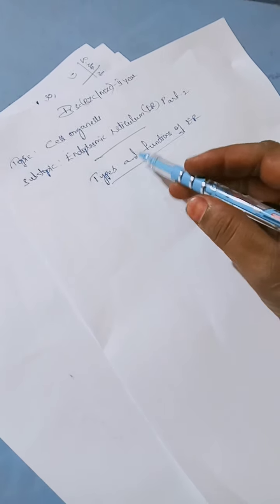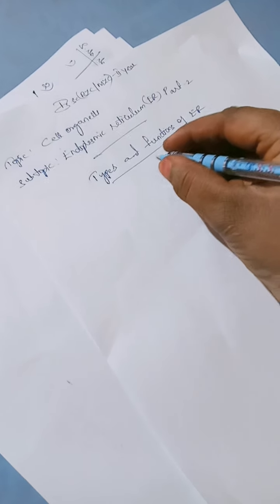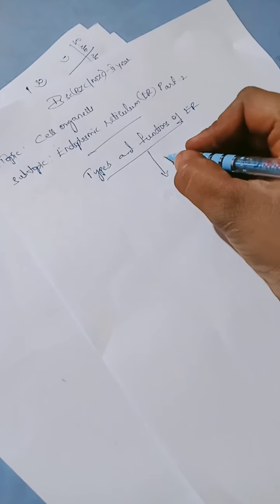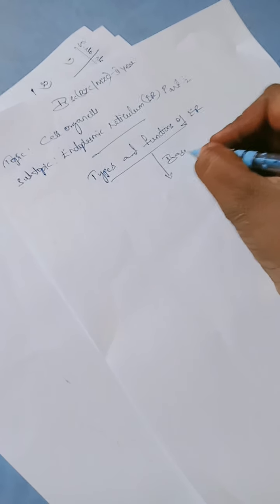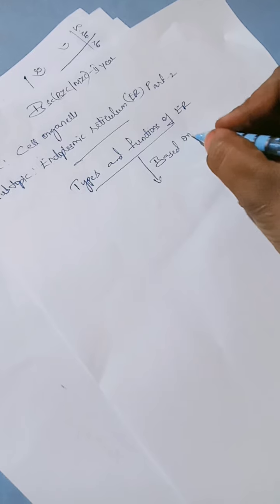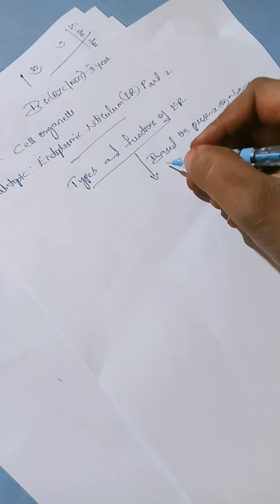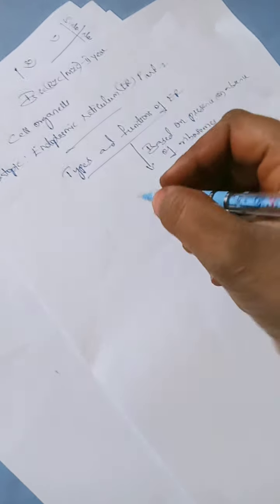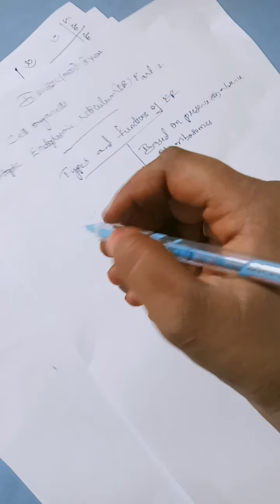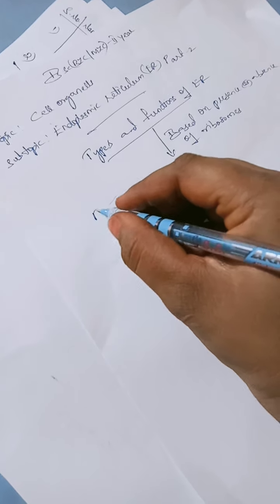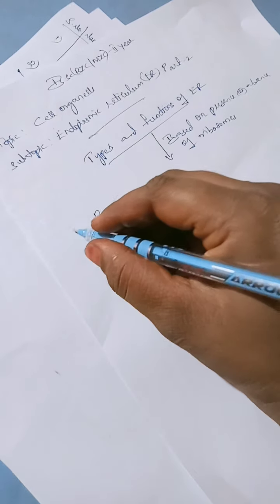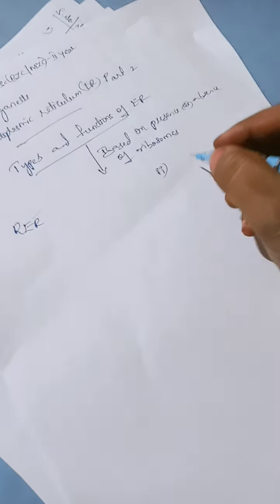Types. Here endoplasmic reticulum is basically of two types, based on the presence and absence of ribosomes. The first one is RER, the second one SER.